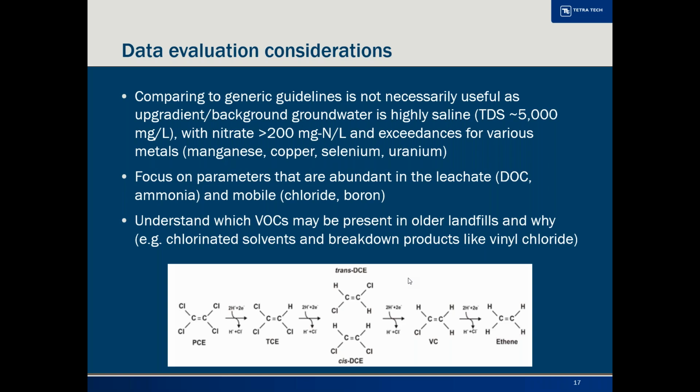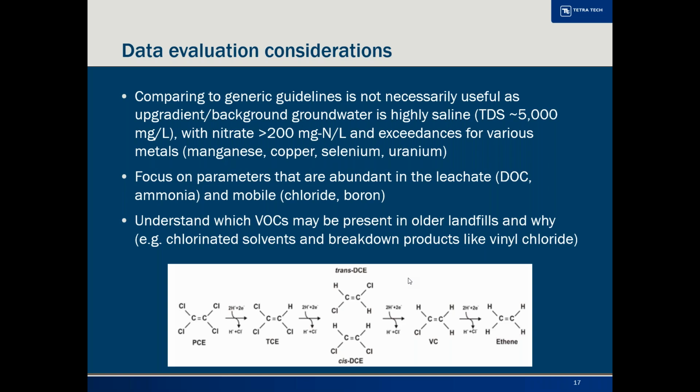In the Tier 1 guidelines, for instance, the domestic use aquifer pathway is typically excluded for total dissolved solids concentration of 5,000 milligrams per liter, which the upgradient groundwater is already higher than that. Nitrate concentration in the upgradient water are excessive. They're about 200 milligrams per liter or greater, and the guideline is 3 milligrams per liter. And we have lots of exceedances for metals: manganese, copper, selenium, uranium.